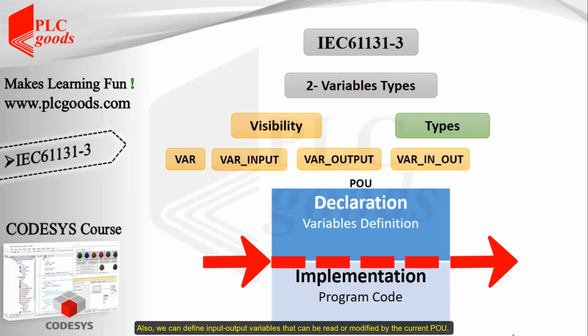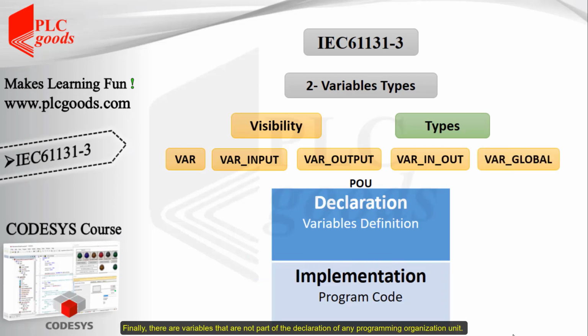Also, we can define input-output variables that can be read or modified by the current POU. Finally, there are variables that are not part of the declaration of any programming organization unit. The global variables can be read and modified by any programming organization unit in the project.